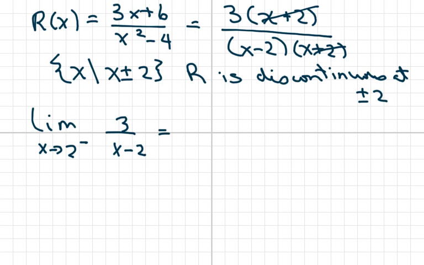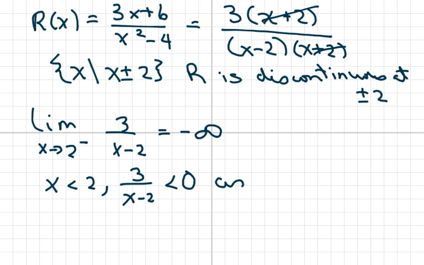And that's going to approach negative infinity, because when x is less than 2 and you plug in values in 3 over x minus 2, it's always going to be negative as x approaches 2. And so it becomes unbounded.